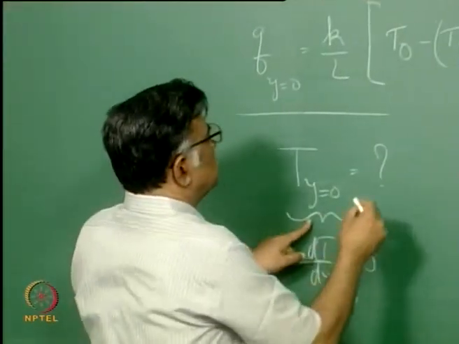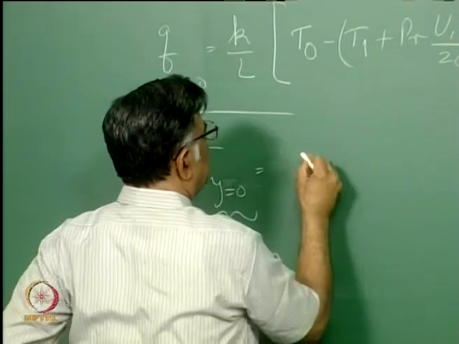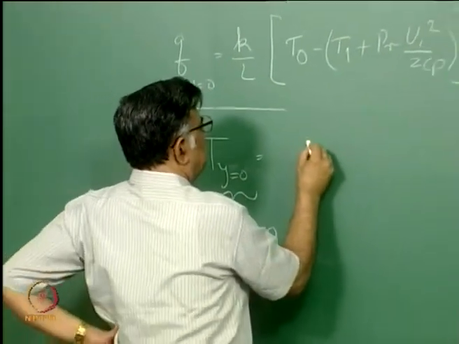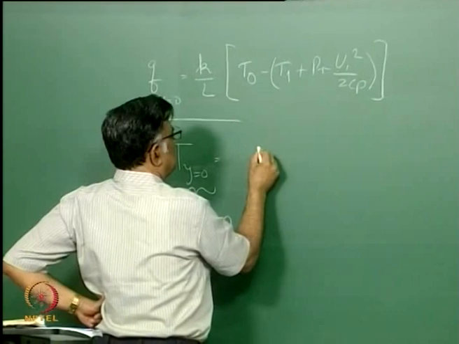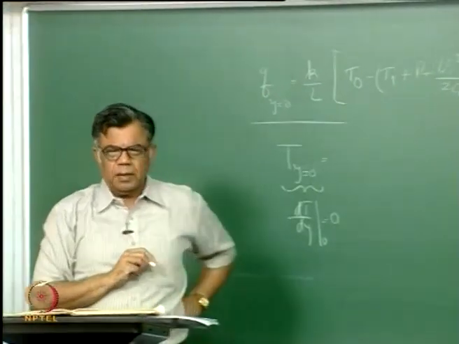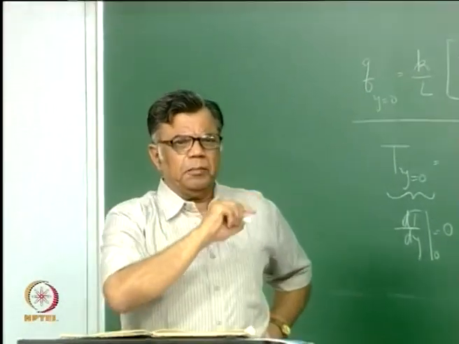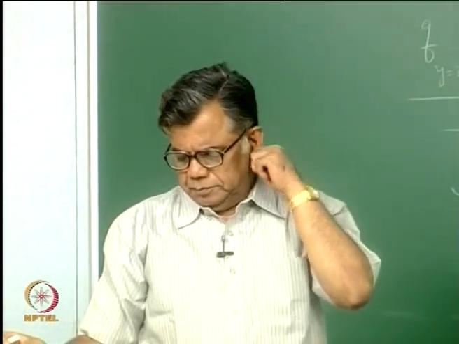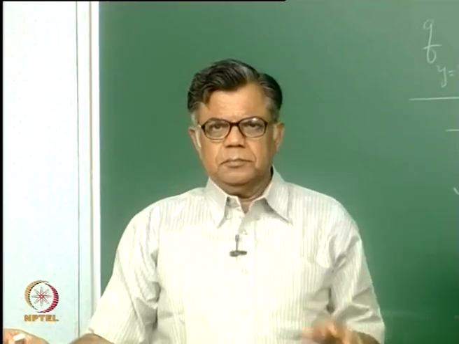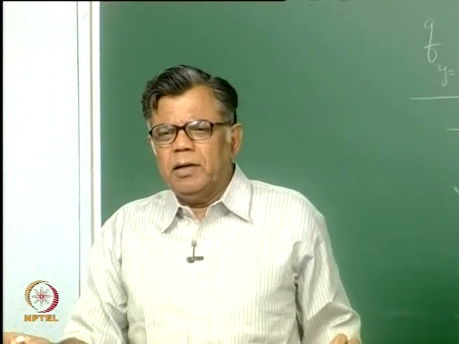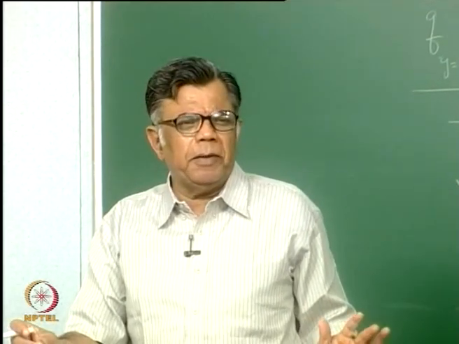You got it? Tell me T at y equal to 0 is what? Can you give it in terms of Prandtl number? Whenever you find mu and k, you put a Cp there, make it into Prandtl, divide the other thing by Cp. This is okay, no problem with it. It's permitted.